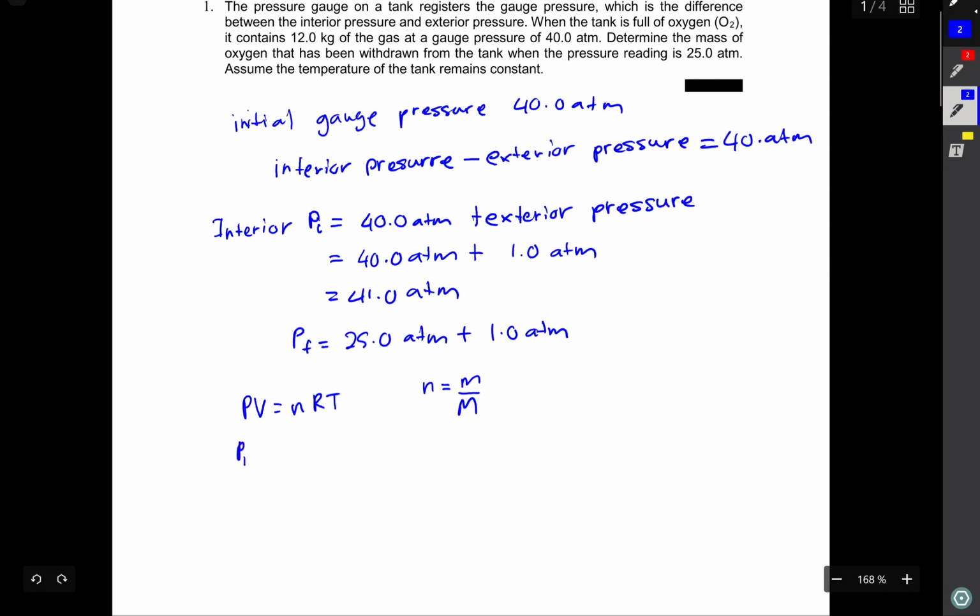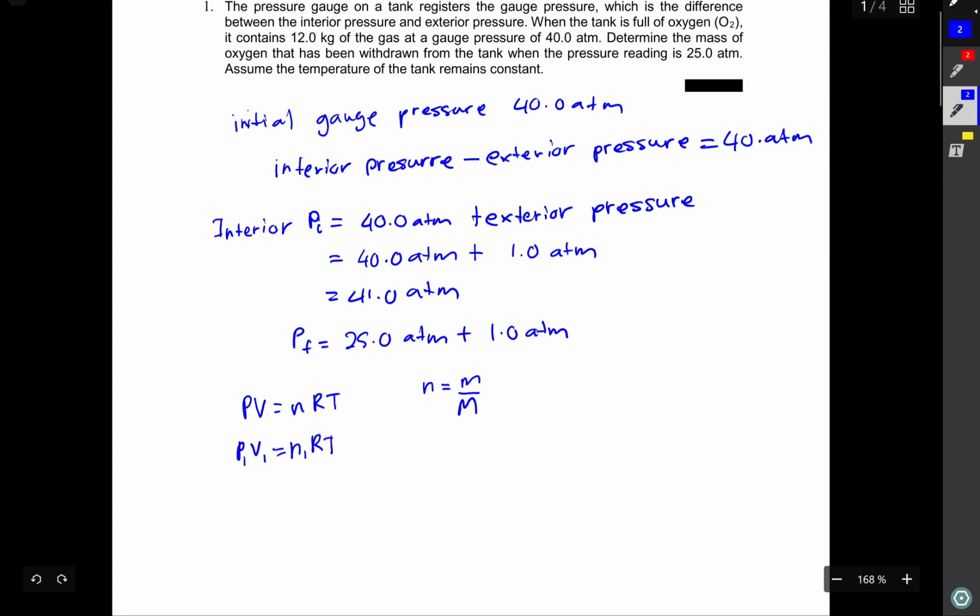We can just rewrite it first. So we need to write down P1, V1, because there are changes between initial and final. And n, we need to put as n1 as well, because n is related to the m here, whereas it said that some of the gas is withdrawn from the tank, so there will be changes of mass, thus changes of moles as well. R we don't need to number.